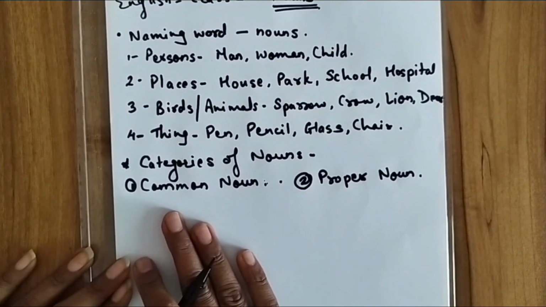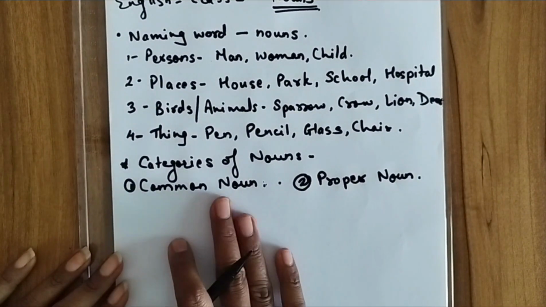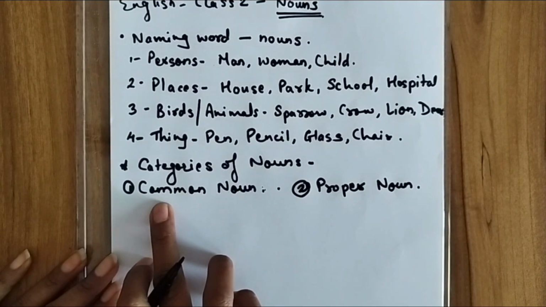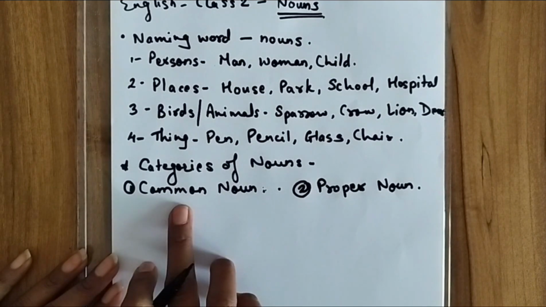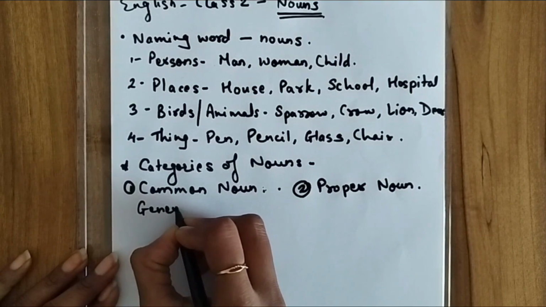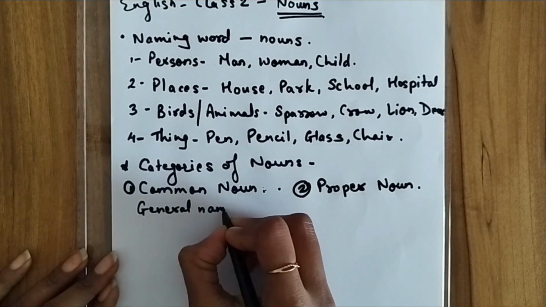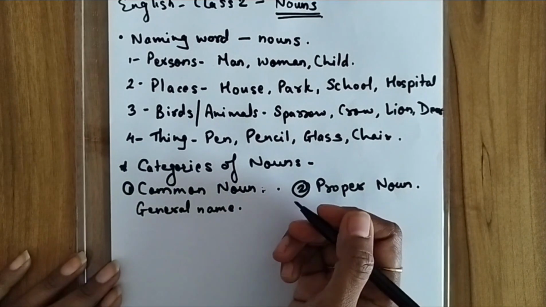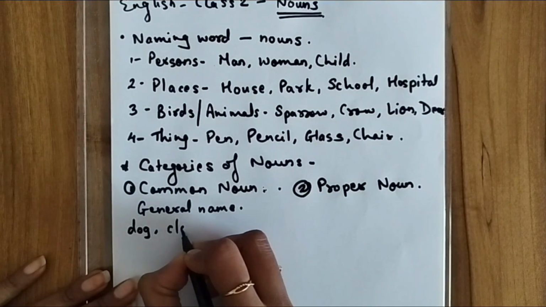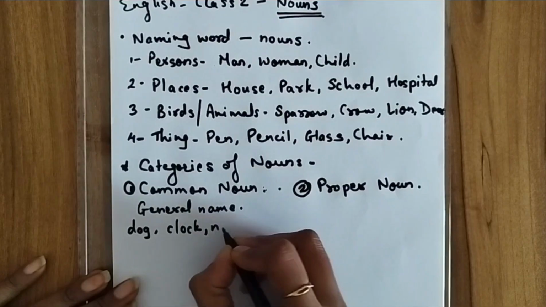Common names of people, places, animals or things come under the category of common noun. That is, any general name is a common noun. For example, you can take a dog, a clock, nurse.